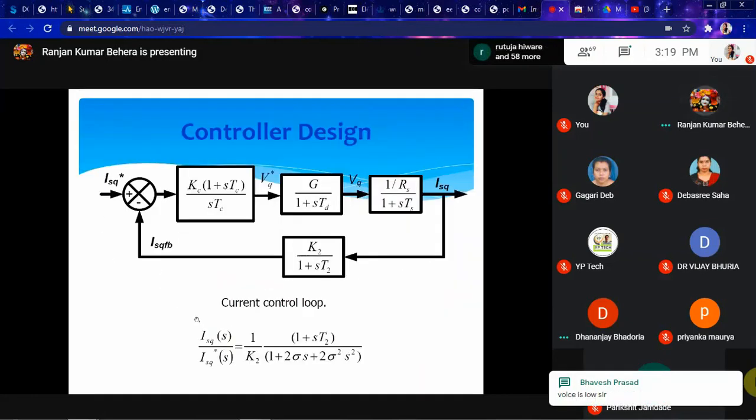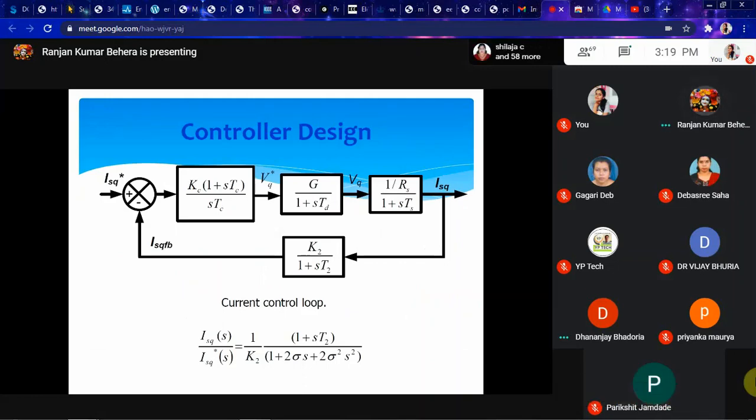So if you see here, in the closed loop block diagram, there are many things. First thing is our plant transfer function, which is nothing but G divided by 1 plus sTd. So this Td is the delay time.